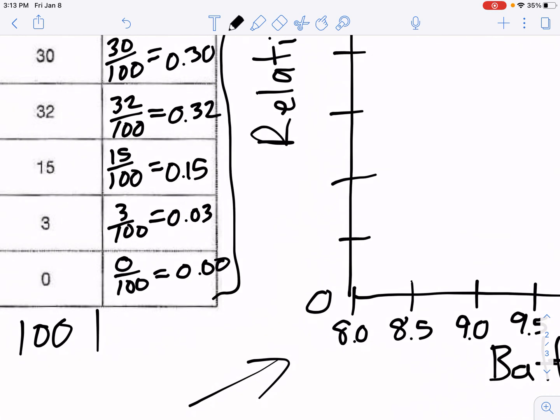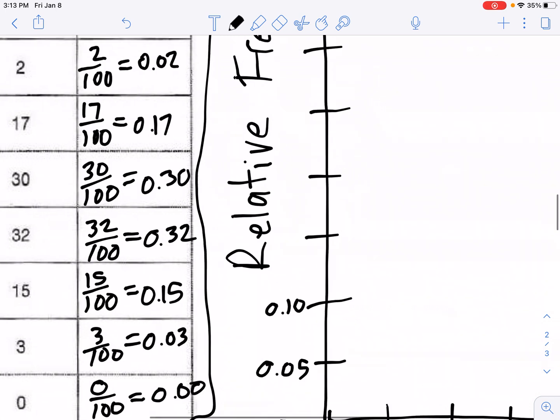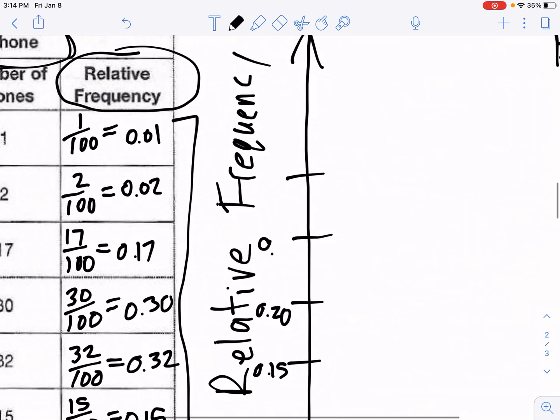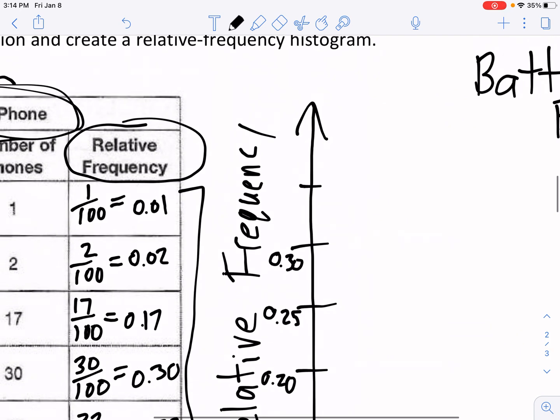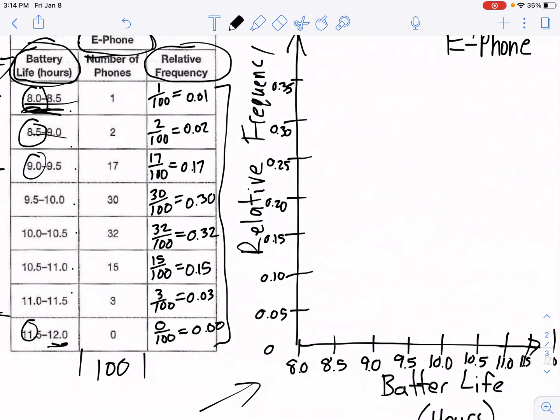I'm going to go from 0 here to 0.05, 5%, and then 0.10, 10%, 0.15, 15%, 0.20, 20%, 0.25, 0.30, 30%, and lastly, 0.35, 35%. If we count by these 5 percentage points, that includes all the values that we had listed in our relative frequency, okay?